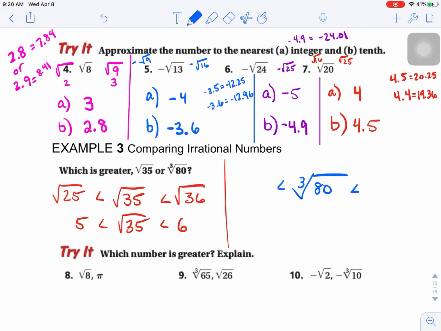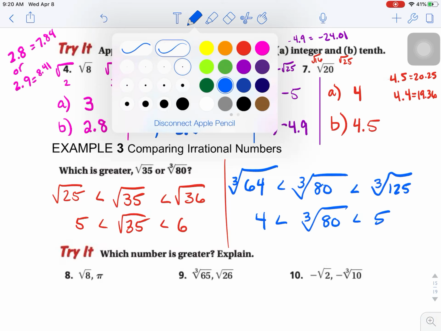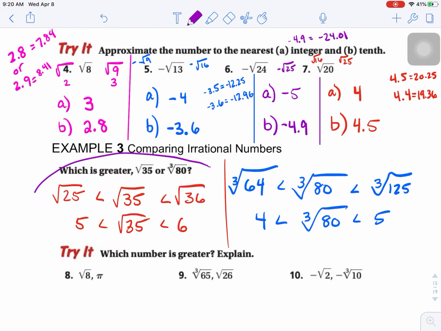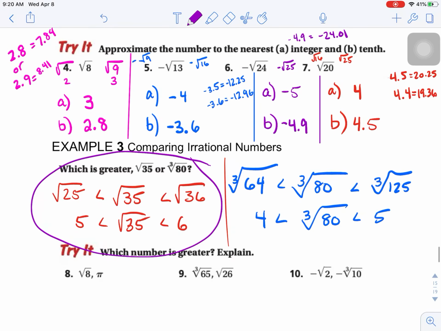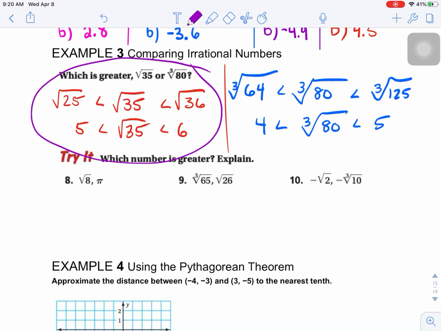All right, that would be between the cubed root of 64 and the cubed root of 125, which is 4 and 5. Okay, so which one's greater? I can see that the square root of 35 is greater because that one's closer to 6, where the other one's between 4 and 5. All right, so same idea for these last ones for today.